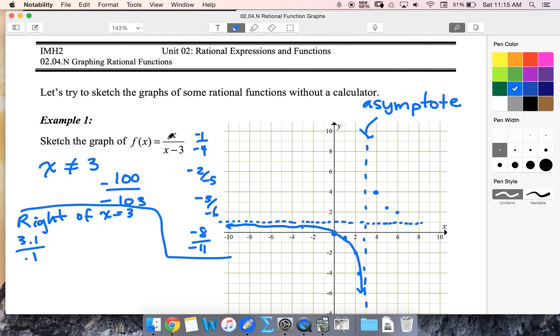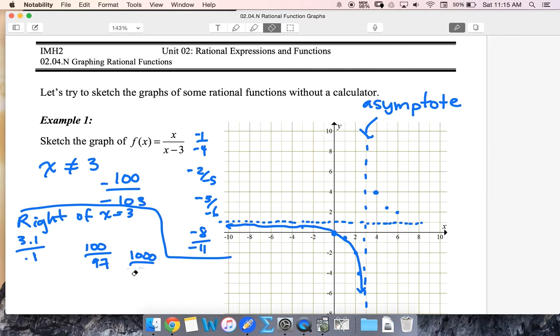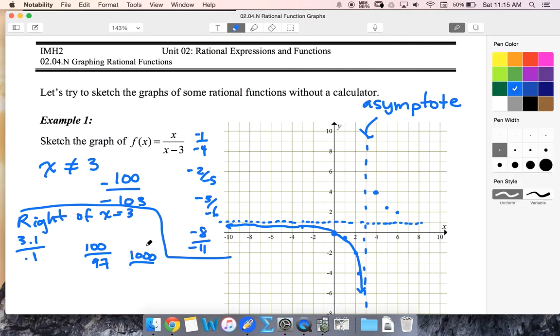If I look at 10 divided by 7, that's 1 point something. 100 divided by 97 is bigger than 1, but just barely. 1,000 divided by 997 is bigger than 1, but again, just barely.